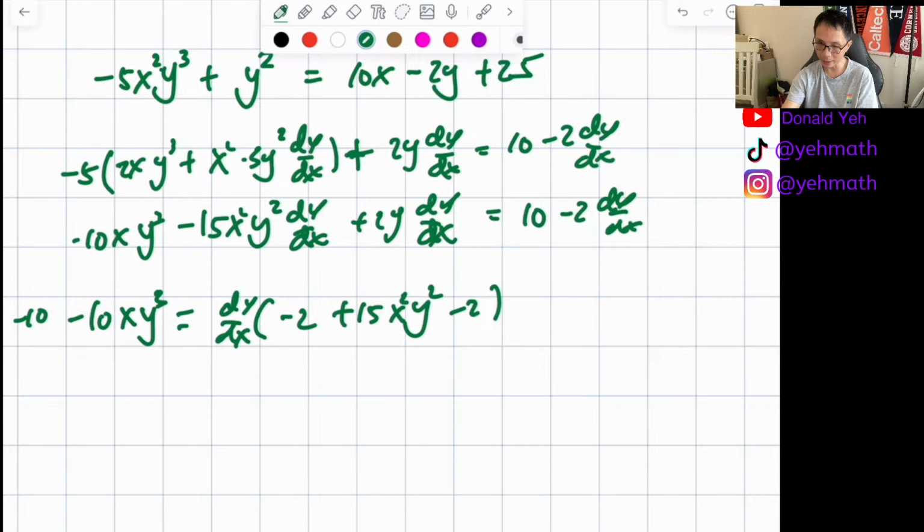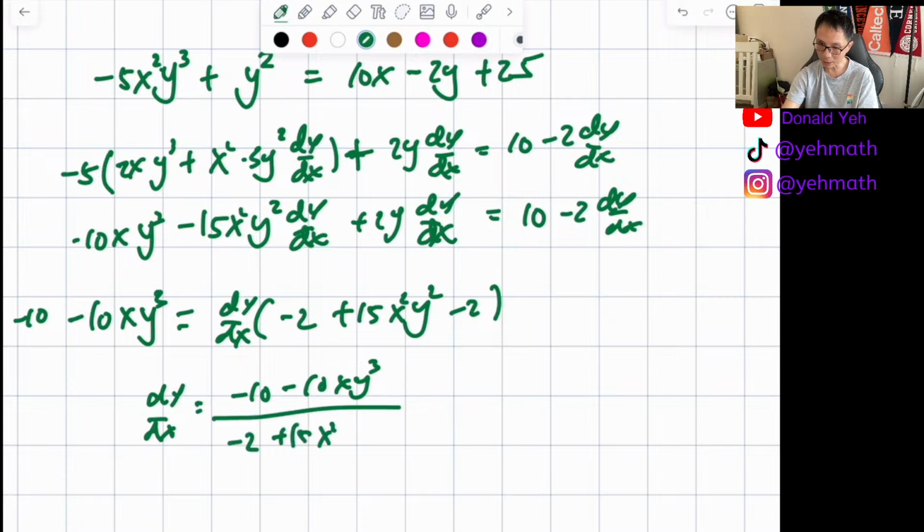So then you got dy dx equal to -10 minus 10x y to the cube over -2 plus 15x squared y squared minus 2.